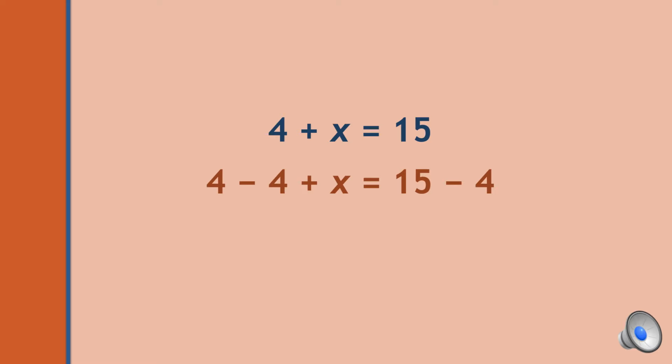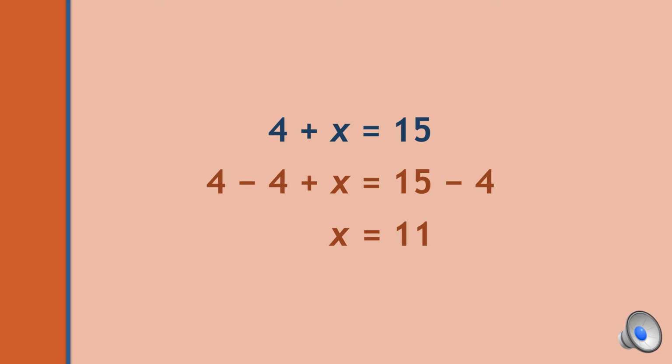So 15 minus 4. What that does is cancel out on the left-hand side. 4 minus 4, those numbers cancel each other out. So all that's left on the left-hand side is x. Then we perform the operation on the right-hand side, 15 minus 4, and that gives us 11.